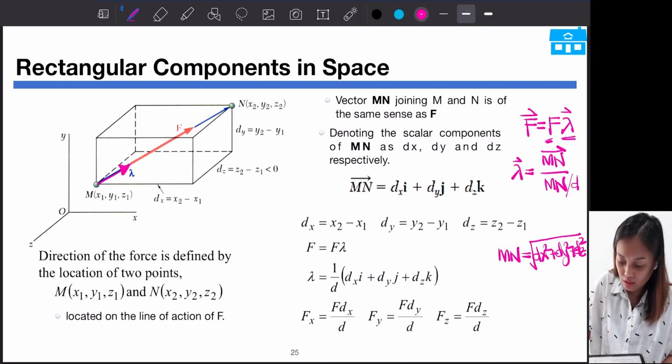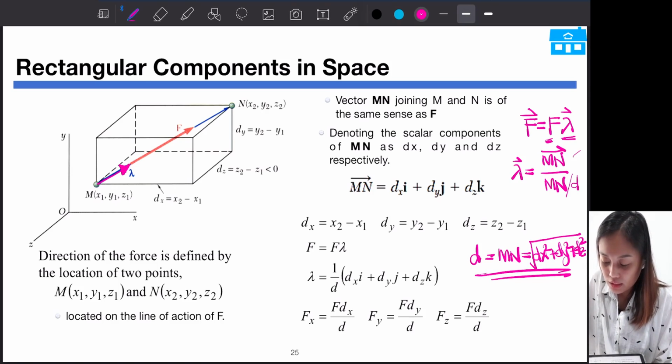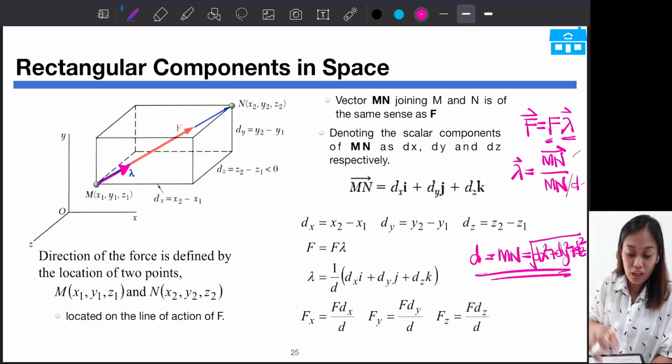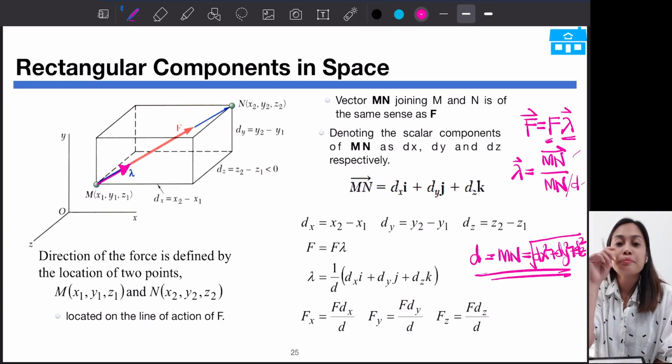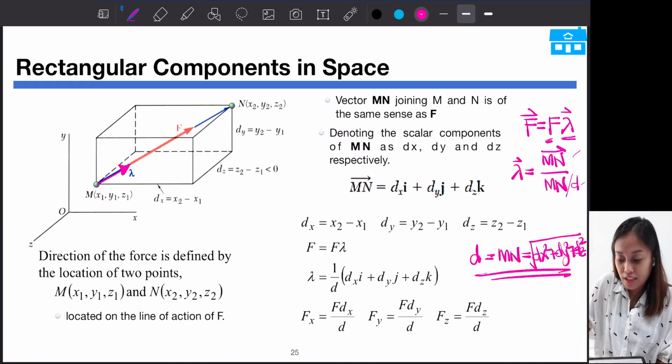So, we have vector MN, and we have the distance between point M and point N, which is the actual diagonal distance between these two points. Then we multiply it by its scalar value.